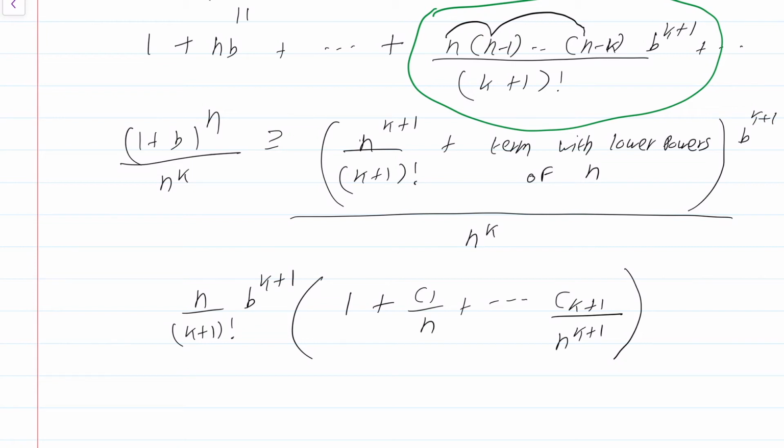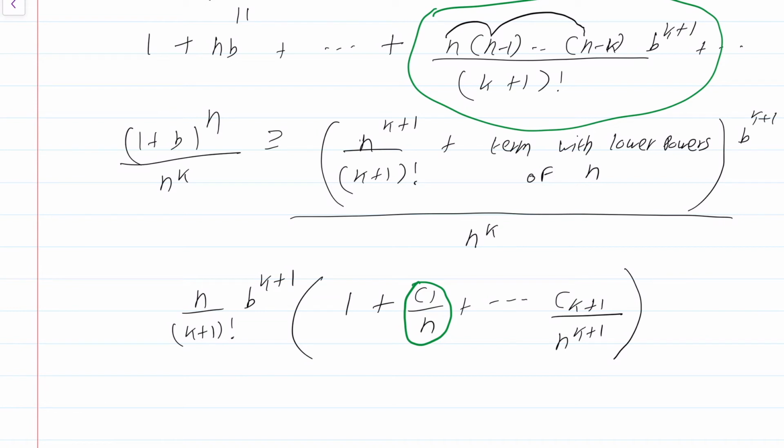Now the next term will involve n power k, right? And when you divide by n power k, that will be gotten rid of. But I am still taking an n outside, so you will be left with some coefficient c1 by n. Okay, so originally this term had n power k, that got cancelled out, but there is an n in the denominator because I want to keep one n outside.